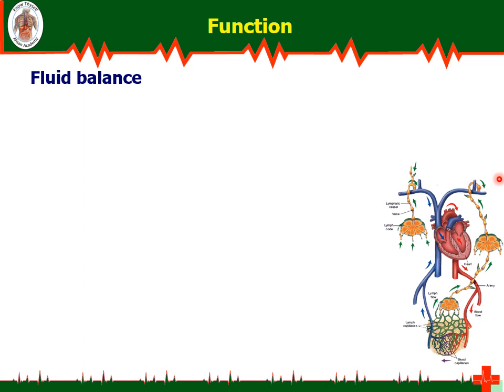What are the functions of lymph? You see, some amount of fluid remains within the interstitial space, and this amount is not small. Per day, about 8 liters remain there. So this large volume of fluid is returned back to the blood, and in this way the fluid is balanced.